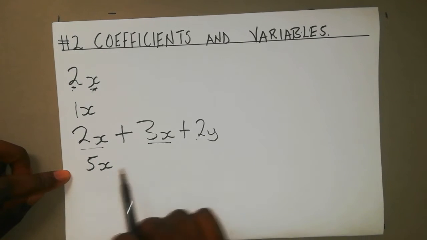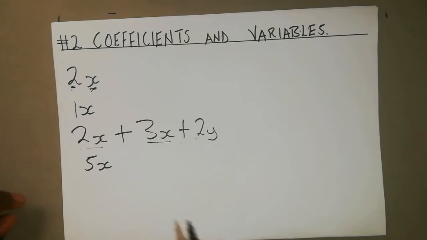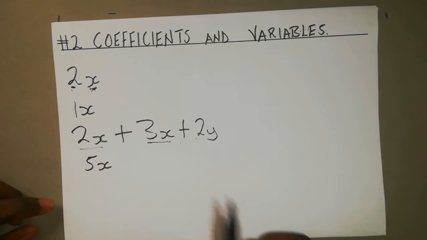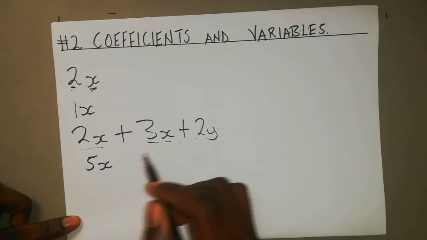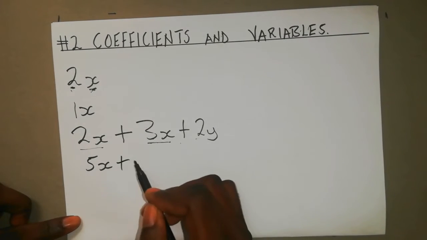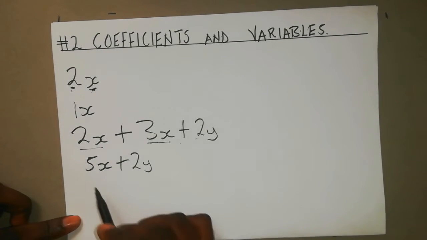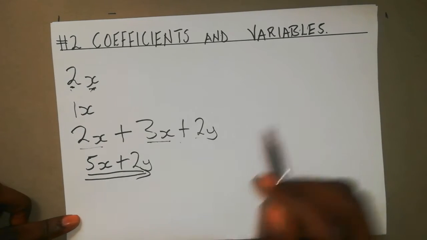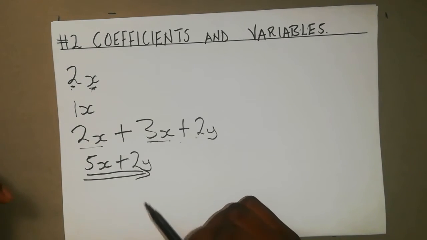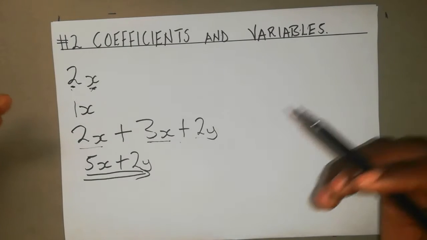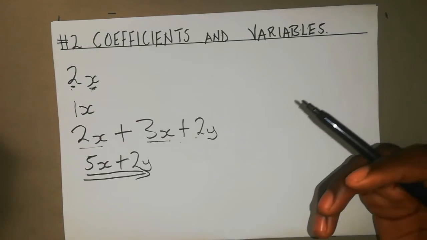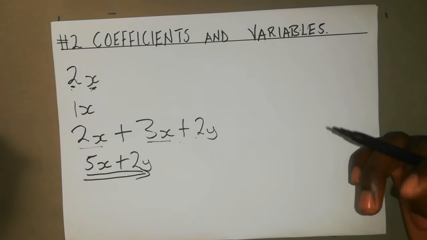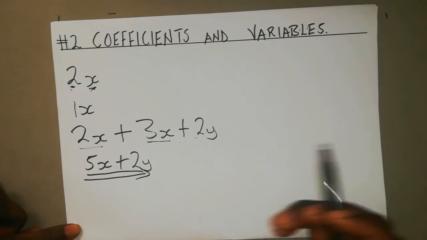And this coefficient, there's nothing that you do with this coefficient if you're doing either addition or subtraction. Then this one is an unlike term, so you're going to leave it as plus 2y. This is your answer. The question would have asked maybe saying express this in its simplest form, right?